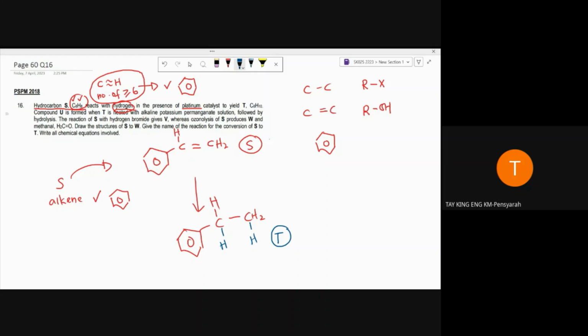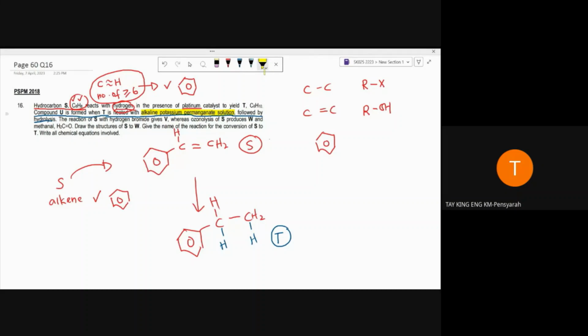Lepas tu compound U is formed when T is heated with alkali potassium manganate solution followed by hydrolysis. Okay, ini mungkin satu perkara yang baru untuk kamu. Sebab sebelum ini kalau you jumpa alkali permanganate solution in cold, you akan think of Bayer test.